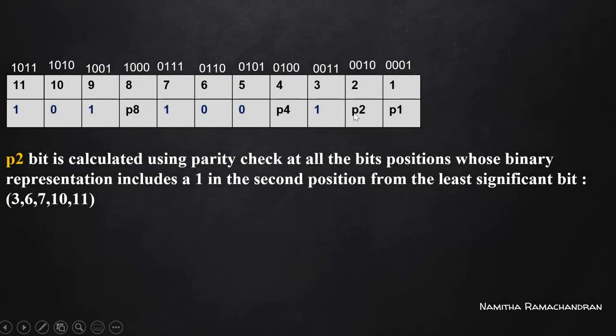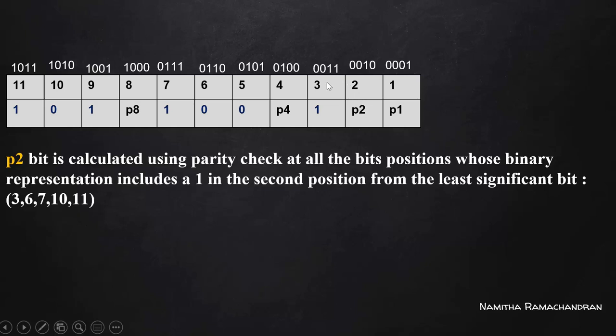Okay, consider the second case. Now we can set the value of P2. For setting the value of P2, which positions we need to consider? All the positions whose binary representation contains the second least significant position with value 1. So what are they? This one, this is the position of our second parity bit, so we need to set a value here.